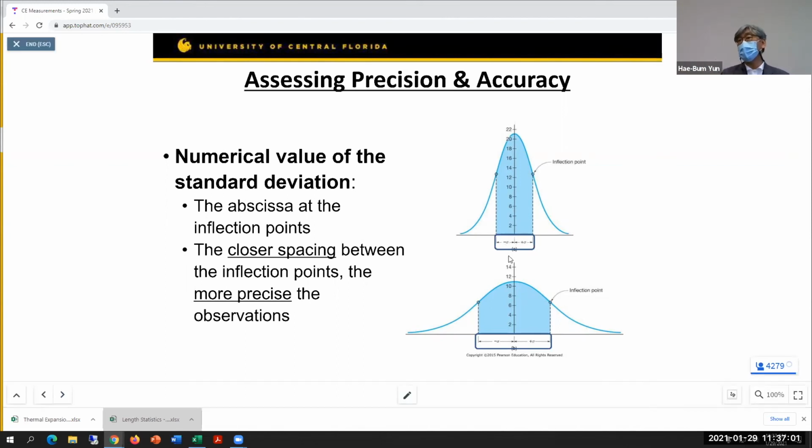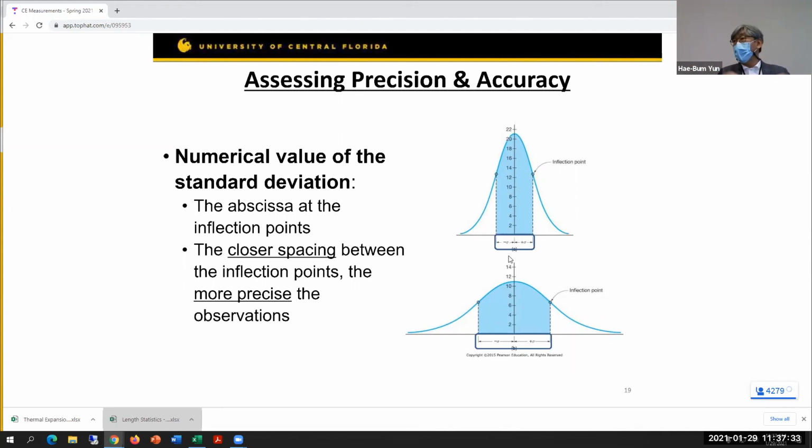So a larger standard deviation means you are further away from the mean, or you have less consistency in the measurement. Think of measuring this desk length 100 times.